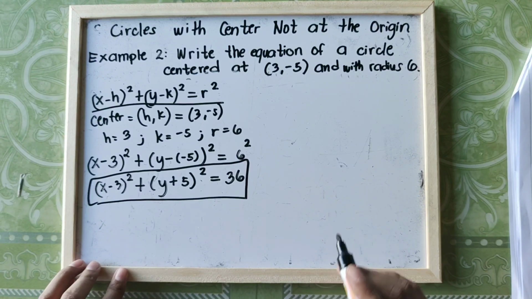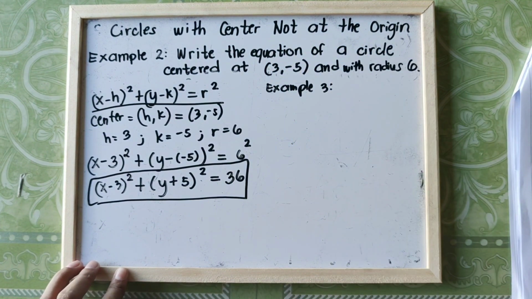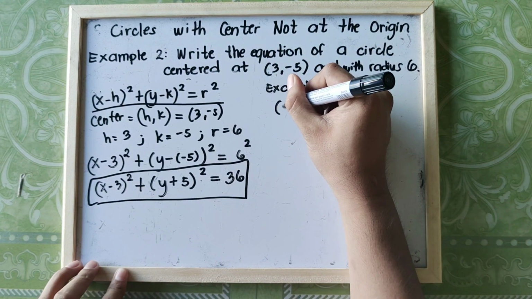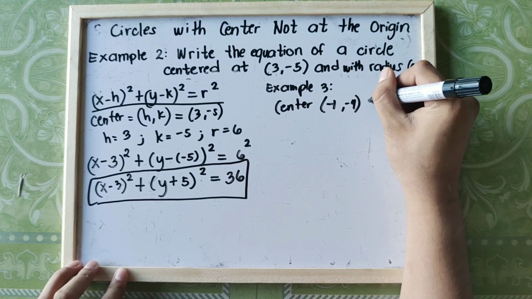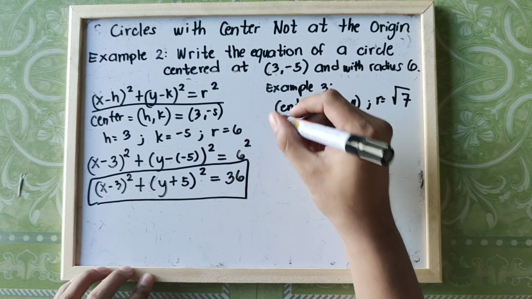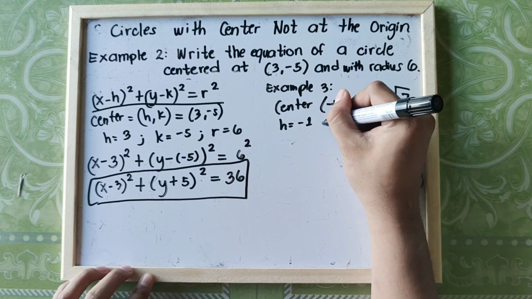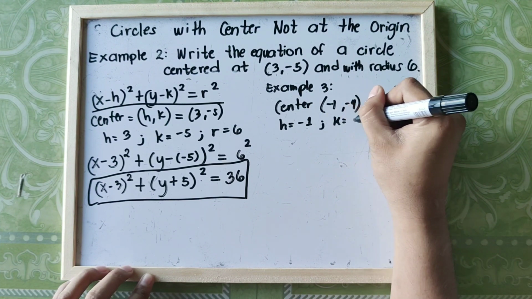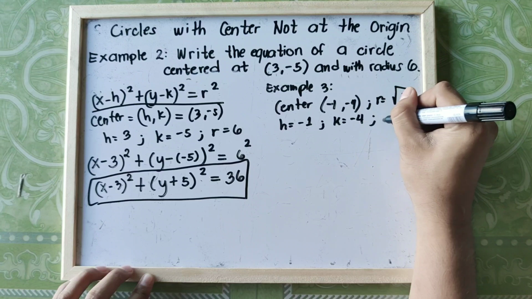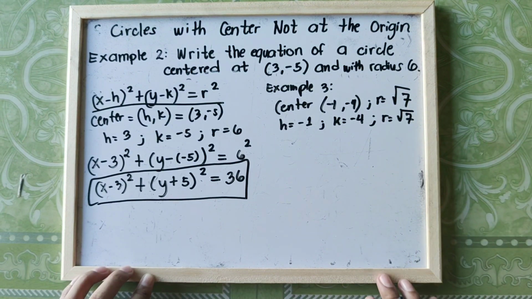So what about another example? Let's start. Again, what is our h? Our center, our h is -1. Our k is -4. And our r is square root of 7. So, let's go.